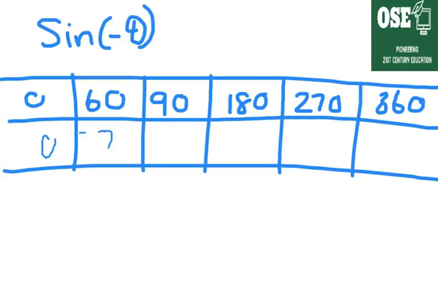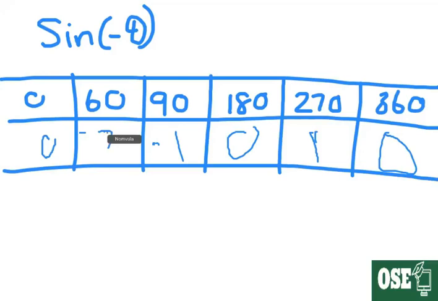Okay, you can leave out 60 because it's going to be a number with decimals.